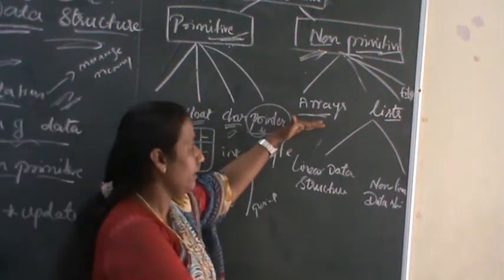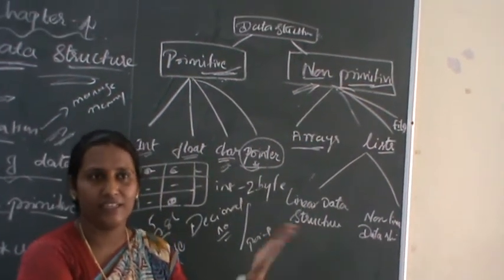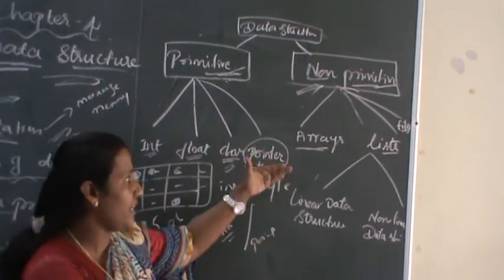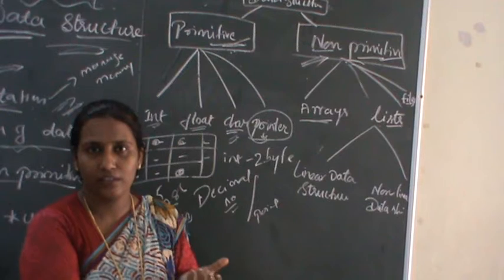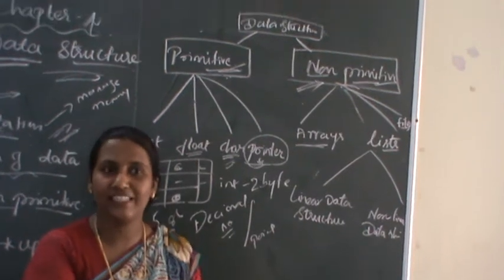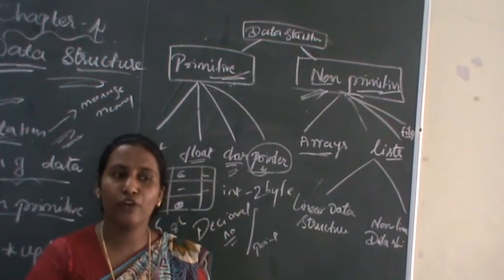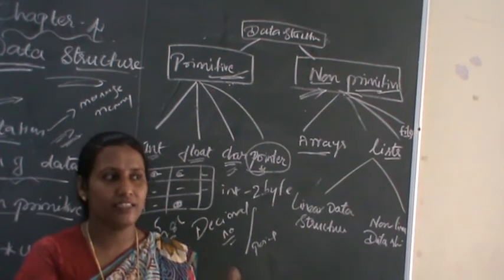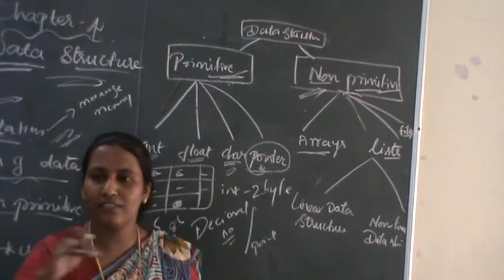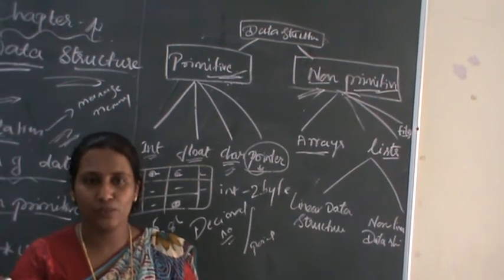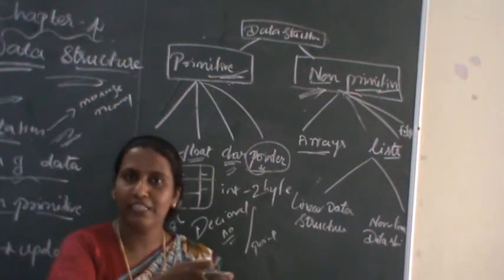Arrays will come in the next future chapters, where I will explain what an array is. It is also some type of structure. Like for a dining hall, we say it is a dining hall by its structure. For a classroom, by the structure we can say it is a classroom, because there will be benches and tables. In a dining hall there will be dining tables and chairs.